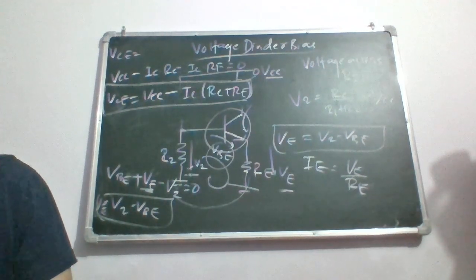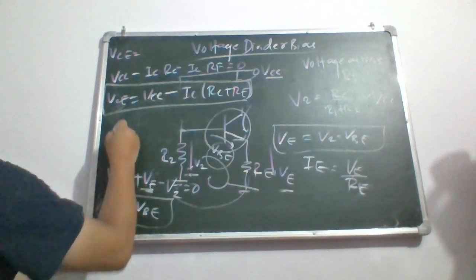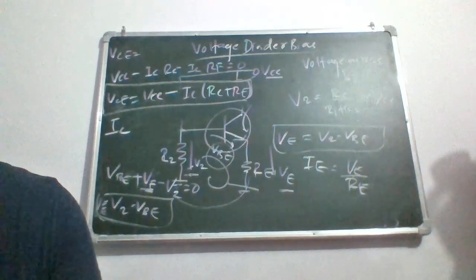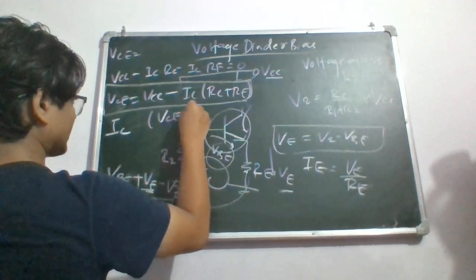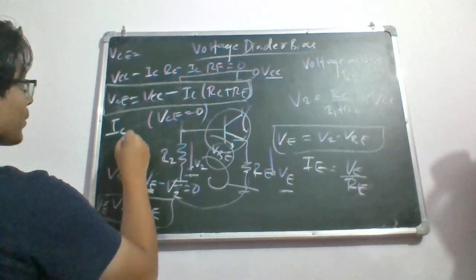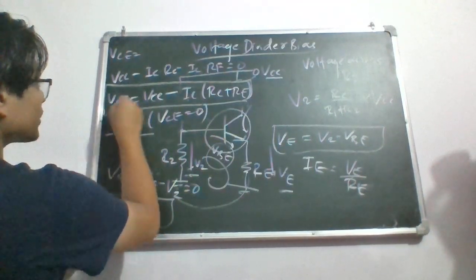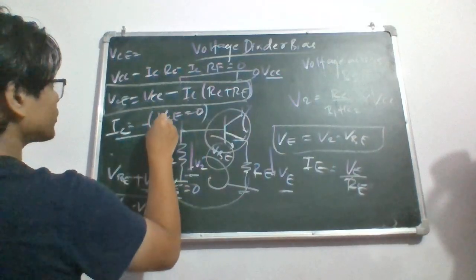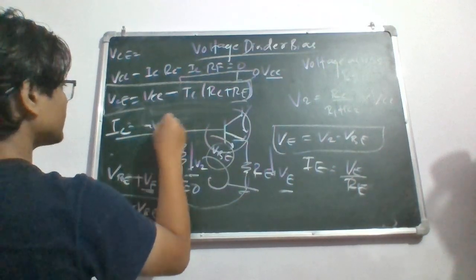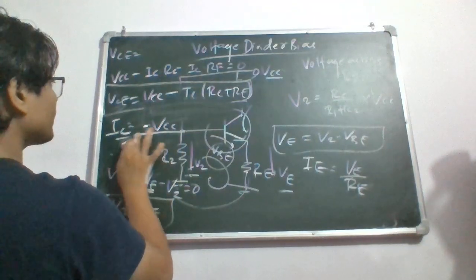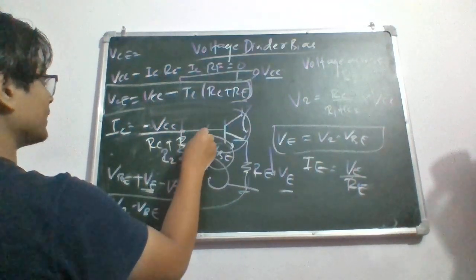Okay. Now similarly, you can find out the saturation IC. To find out the saturation IC, you just set VCE equals 0, then you would get IC by this formula, which would be VCC divided by RC plus RE.